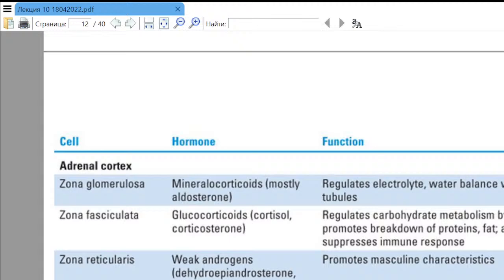For example, cells of the zona fasciculata regulate carbohydrate metabolism by promoting gluconeogenesis, promote breakdown of proteins and fat, have anti-inflammatory properties, suppress the immune response, and other effects.